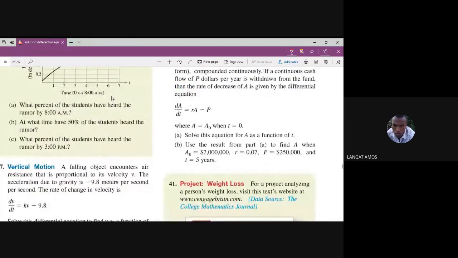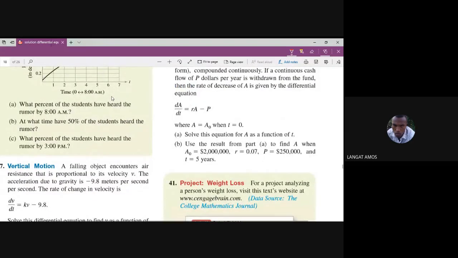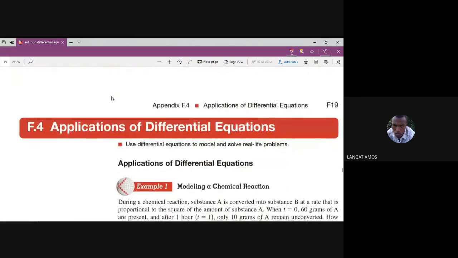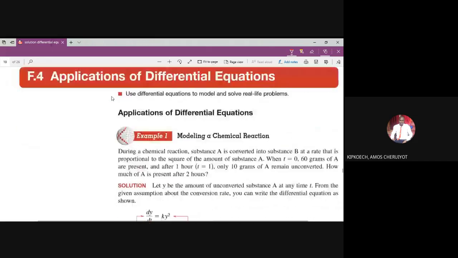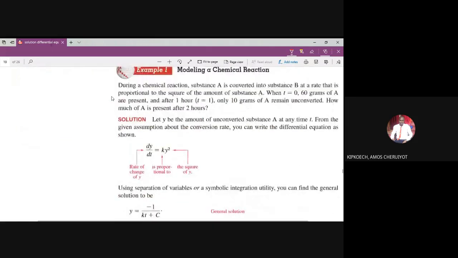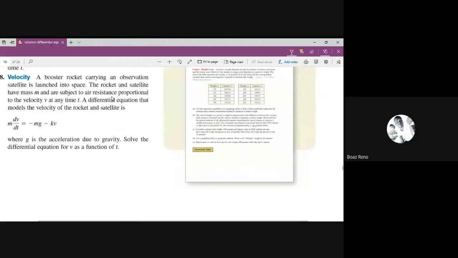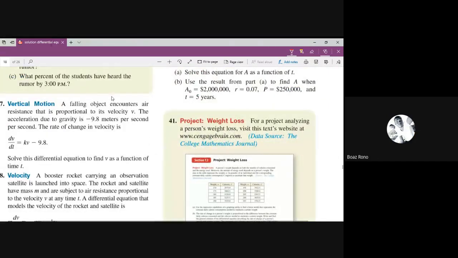Can we leave it there for the day, or do we continue with the applications? I think we attempt one application, then we leave from there. Okay, we can go with that.